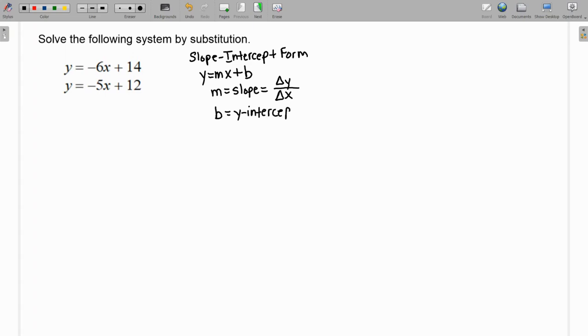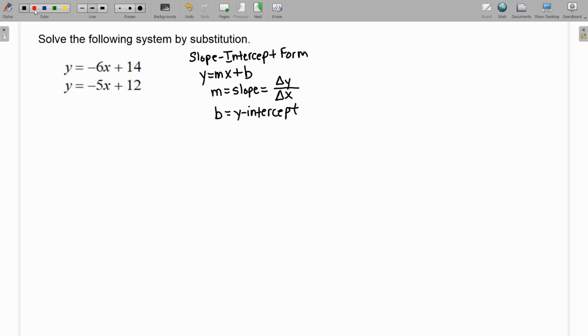So both of these equations are already in slope-intercept form. Now, in slope-intercept form, the y comes first, then you're going to have an equals, then a variable term containing an x with a coefficient, and then it's going to be plus b, which is telling you, if you were to graph this equation of this line, where this line is going to be crossing the y-axis.